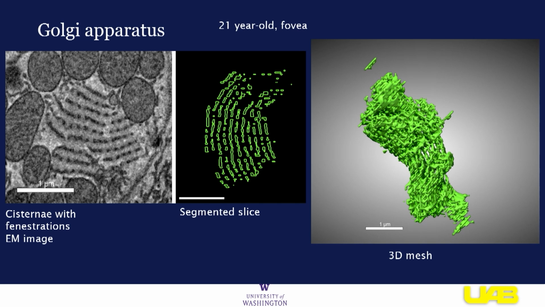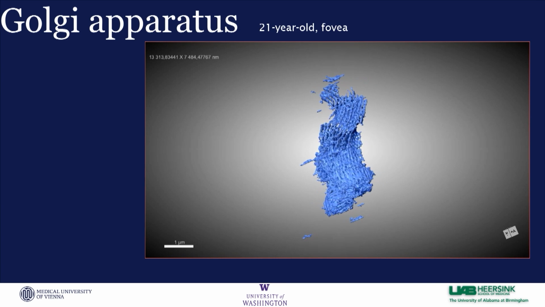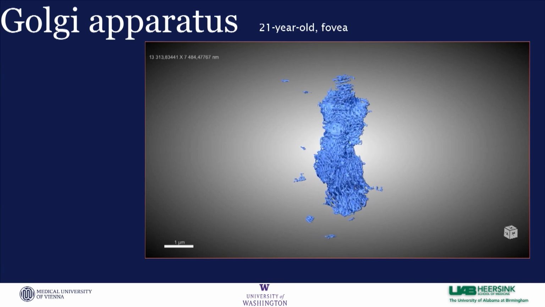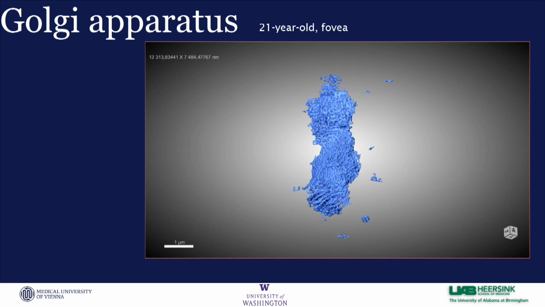Like in this image on the left, you can't really see the individual cristae in the mitochondria, but the Golgi apparatus is very well preserved, and it almost looks like a fingerprint once you look at it in the 2D slice. And three-dimensionally, I have a short little video where you can really see the individual stacks of cisterns where the protein passes through.